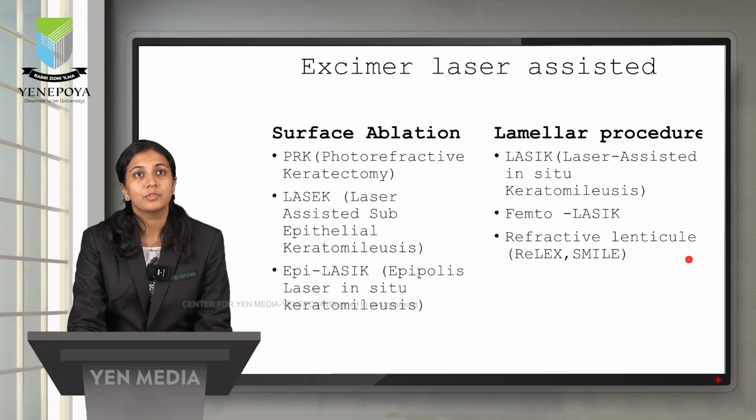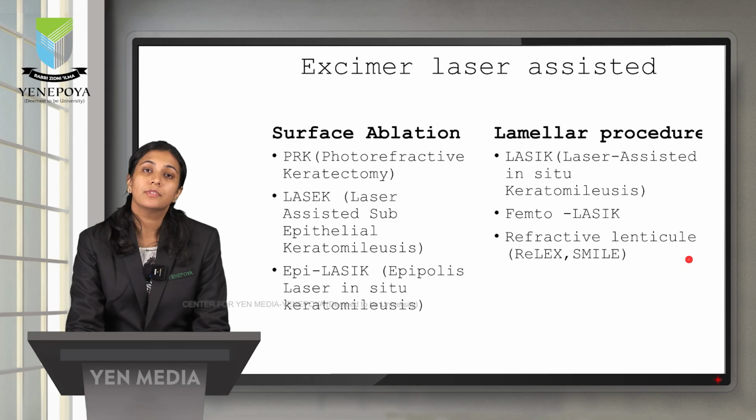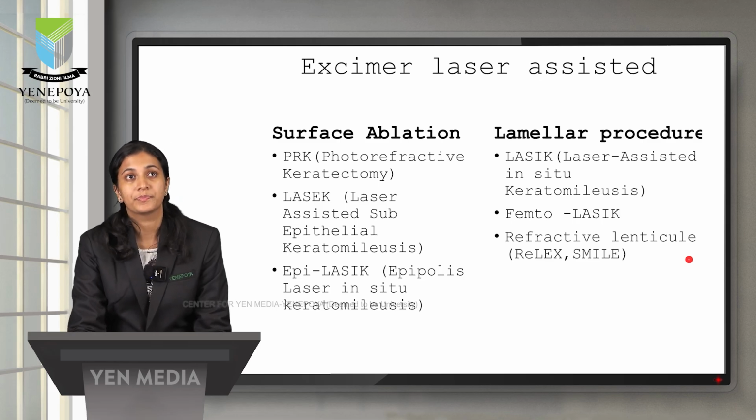Surface ablation includes photorefractive keratectomy, laser-assisted subepithelial keratomileusis, epi-laser in situ keratomileusis, and lamellar procedures include laser-assisted in situ keratomileusis, that is LASIK, Femto-LASIK and refractive lenticule extraction, which includes ReLEx and SMILE.